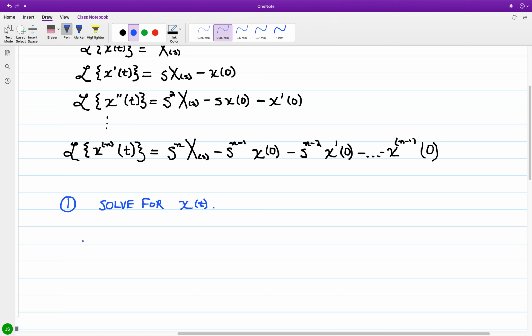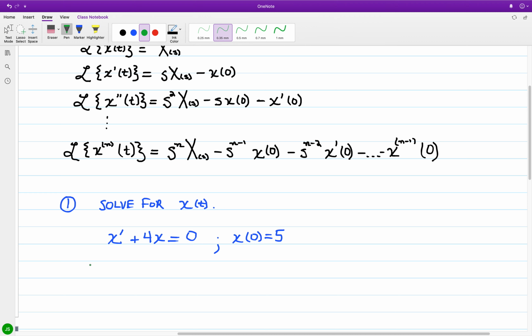We have in the equation x prime plus 4x, and we'll just start out with a homogeneous equation, with the initial condition x naught equal to 5.